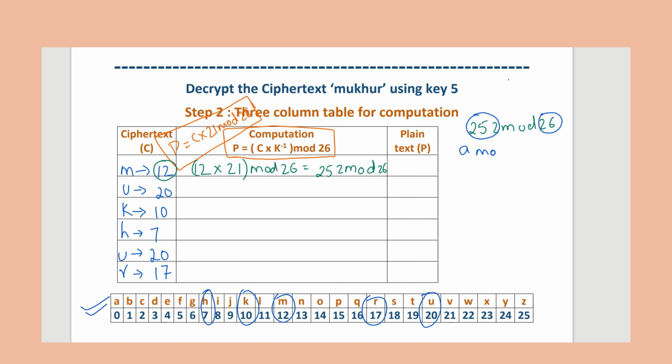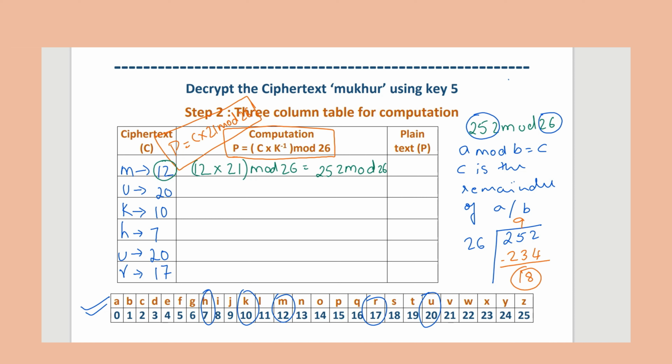A mod B, you get the answer as C. What is C? C is the remainder of A divided by B. Therefore we have to do 252 divided by 26. So 26 into 9 is 234, and the remainder comes out to be 18. So 252 mod 26, the remainder is 18. Hence your plaintext letter is 18.